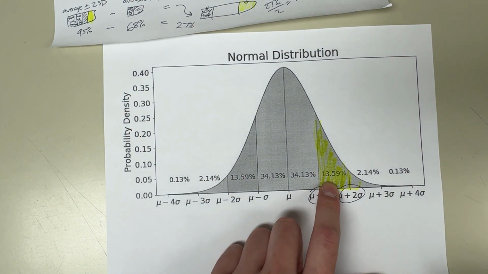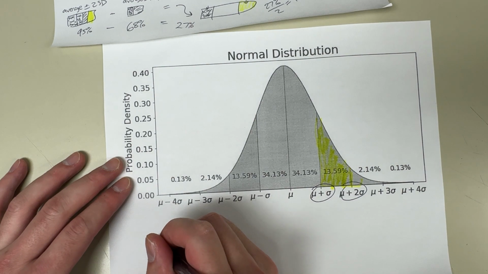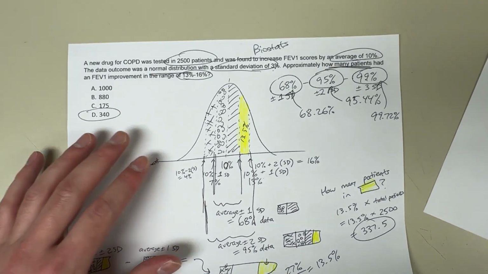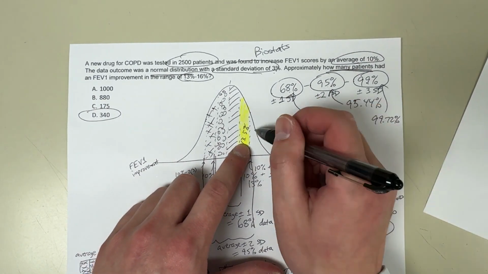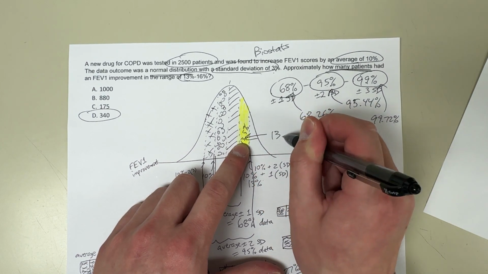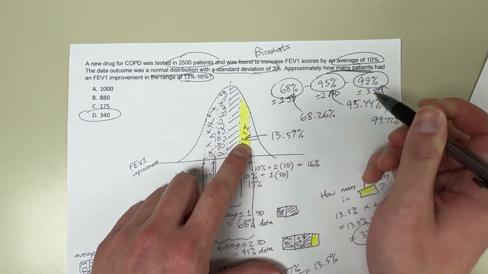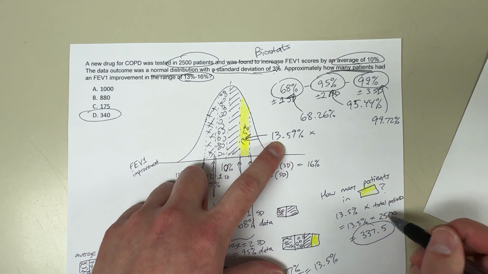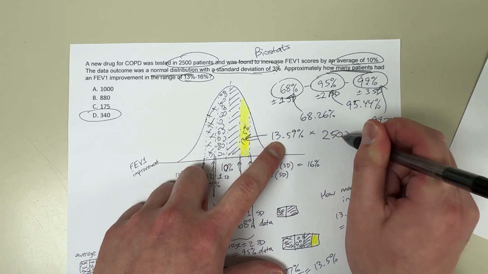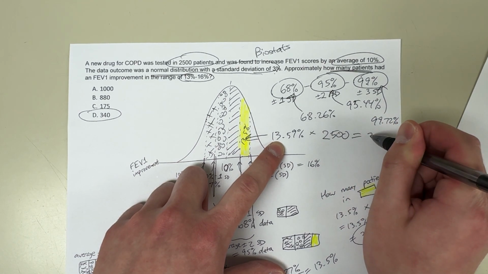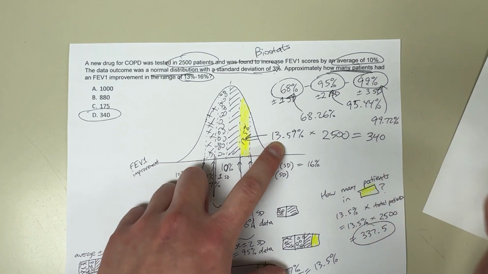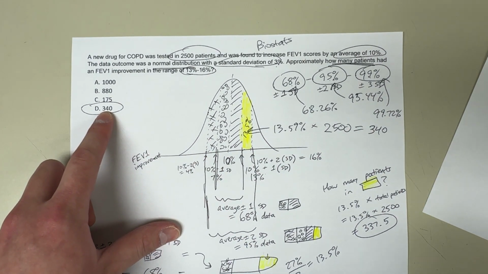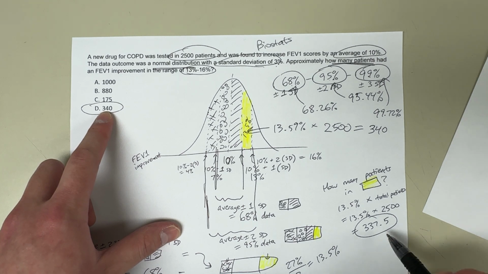So 13.59%. Because instead of this being 13.5%, this is actually 13.59%. And if I were to multiply it by the total population of 2,500, I would get 340. So that's why I have this as the more exact number versus this one.